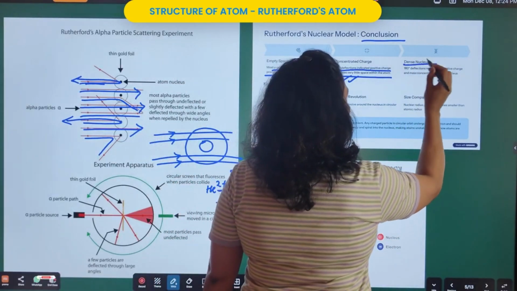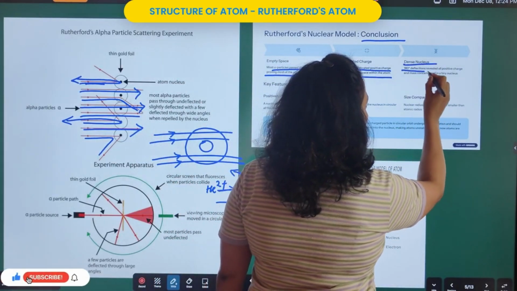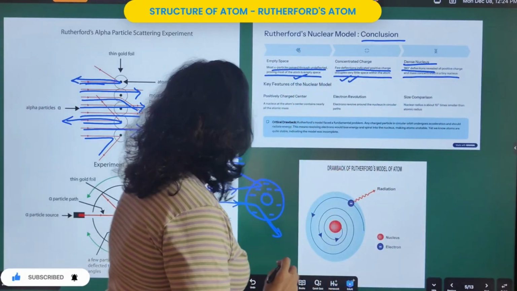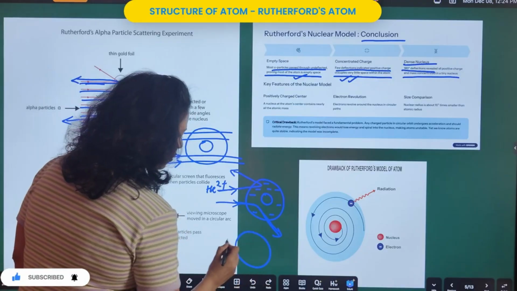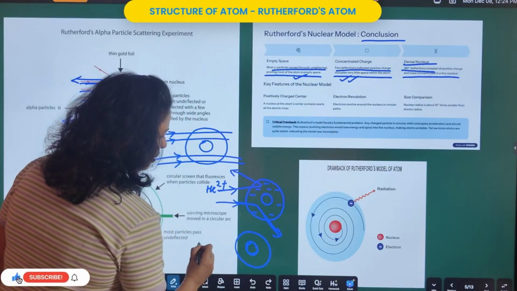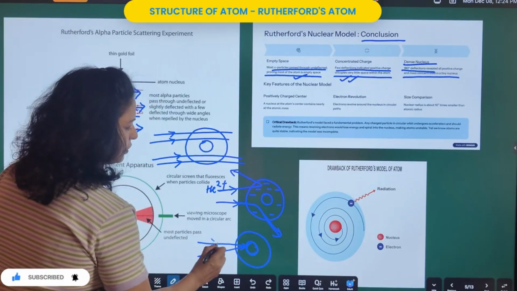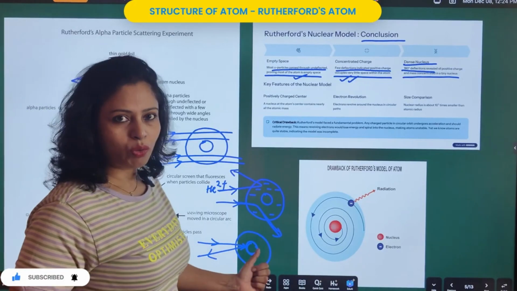And he also said that the 180 degree deflection revealed a dense nucleus. When the 180 degree deflection took place, the particle passing here comes back at 180 degrees straight. Okay, so that is the rebound which is happening.